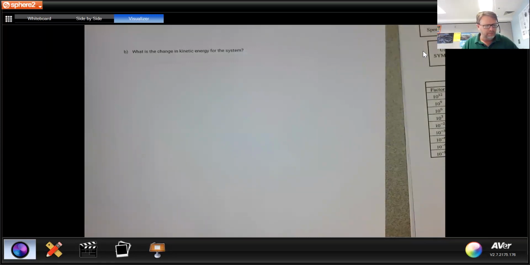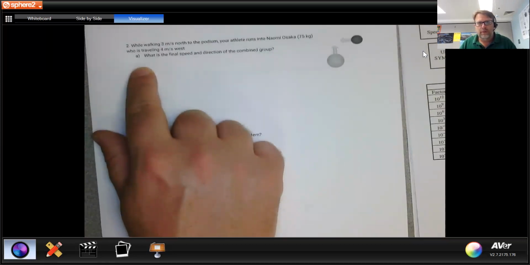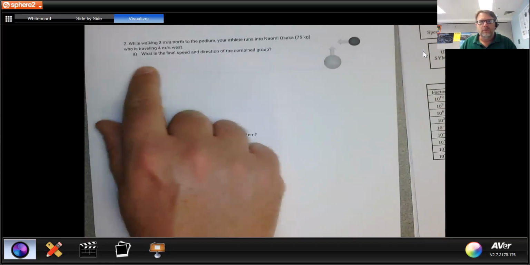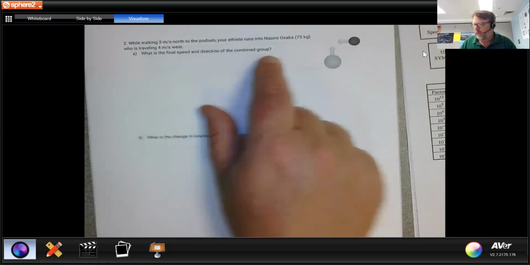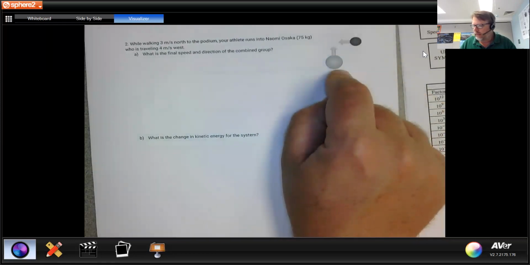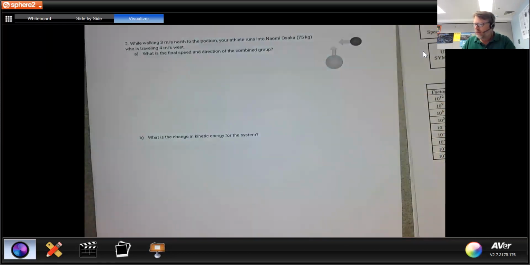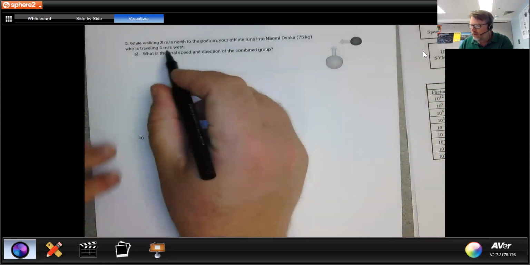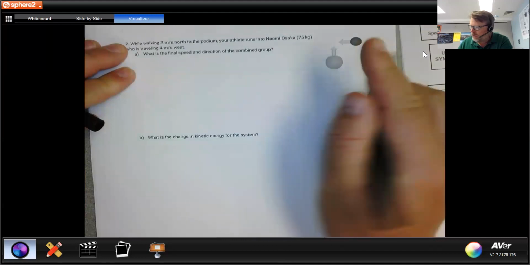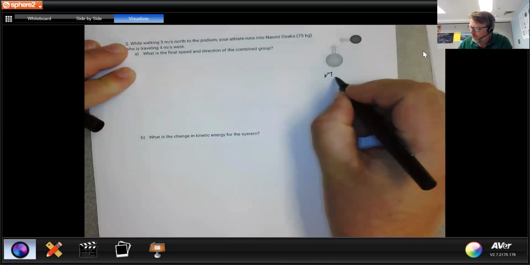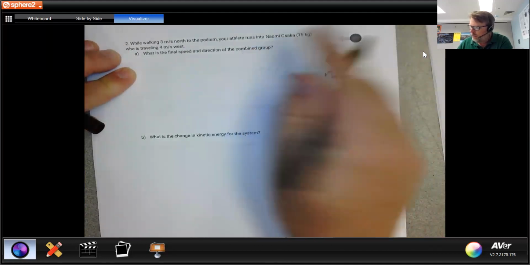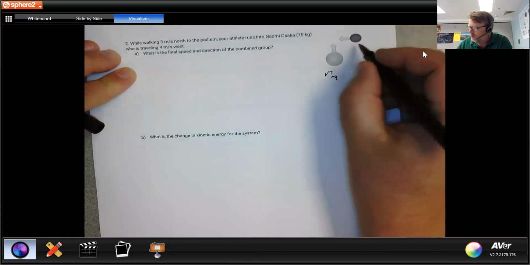Number 2 is, what is the final speed and direction of a combined group? So we have 2 things colliding. While walking north, this is your athlete. It runs into Naomi Osaka.